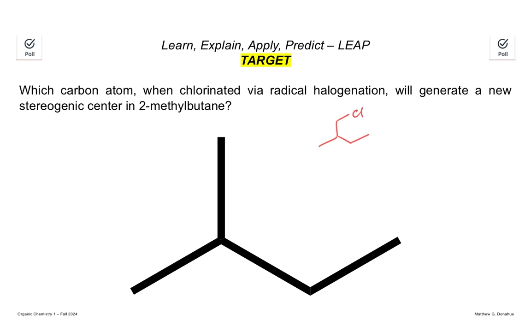So it does not generate a stereocenter there, but it makes that a stereocenter here, right? Does that make sense? Because now this carbon to begin with, it has 2 methyl groups, so it's achiral. But now you've differentiated them, so that can become a stereocenter.